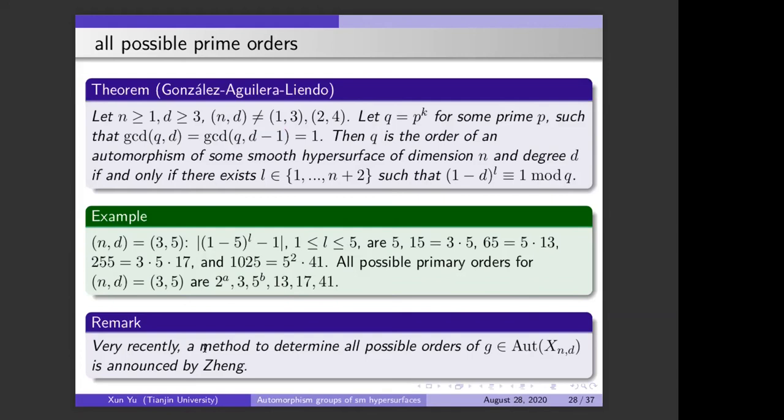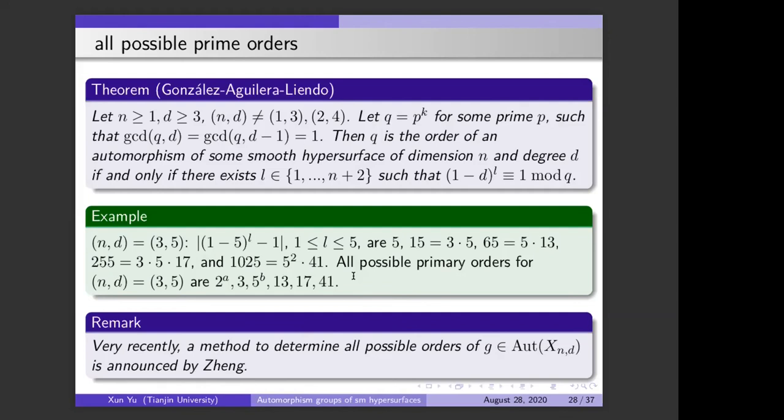Actually, very recently, a method to determine all possible orders, not just primary, all possible orders, meaning cyclic groups, for any smooth X given dimension n and degree D, was announced by Zhen.